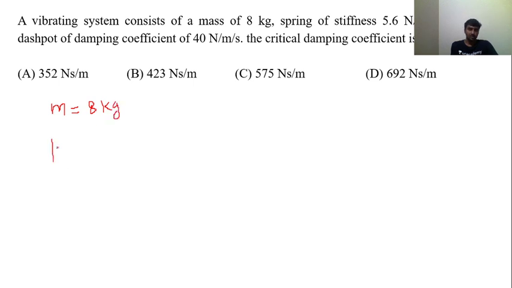Then stiffness K. The stiffness K we can take as K or S. Already we have discussed this formula with S, so I am keeping it as S. Here S is equal to 5.6 Newton per millimeter. That is equal to 5.6 into 10 to the power 3.